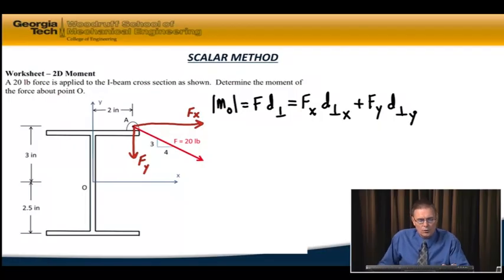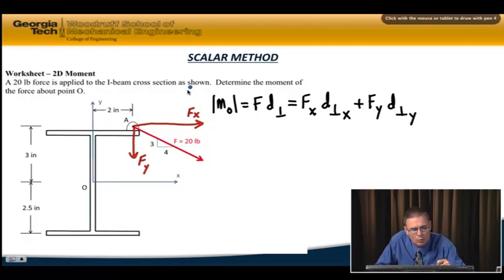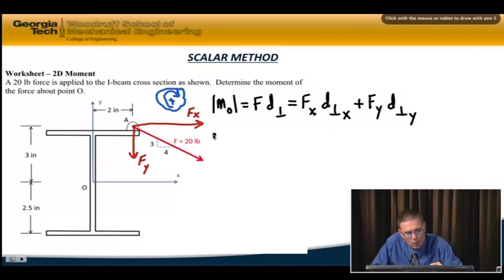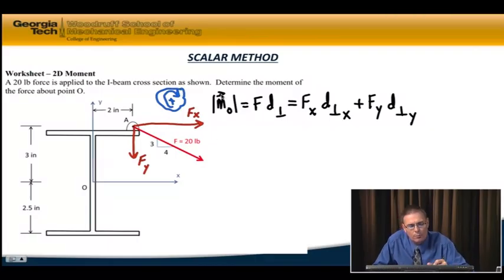And in summing these moments, we're going to have a sign convention for the direction that these moments are acting. And so I'll go ahead and arbitrarily choose clockwise as positive. And so we've got the moment, and I should have a vector symbol there.